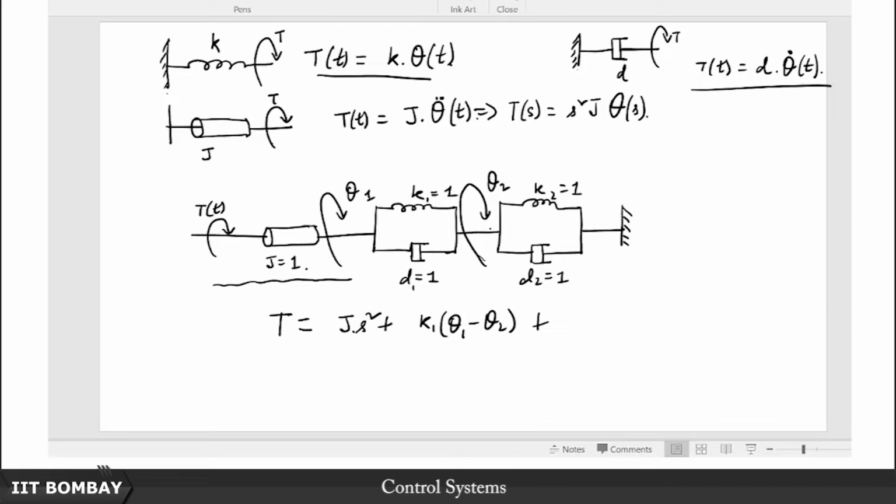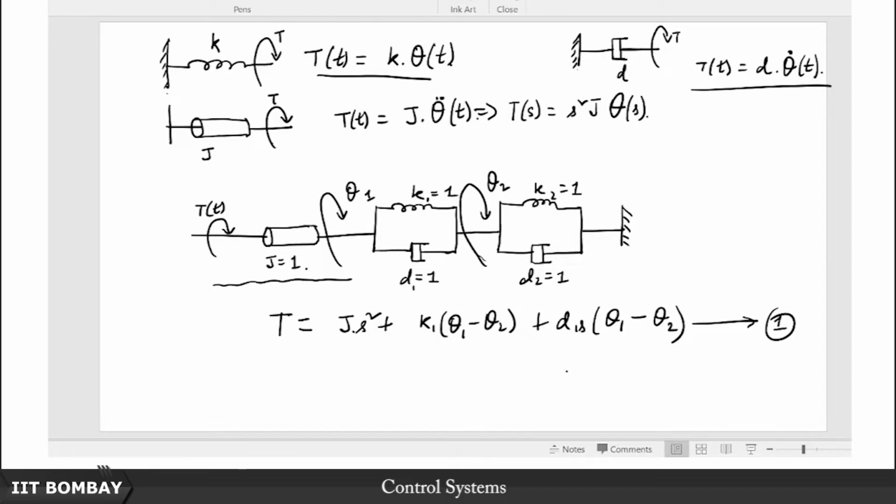Theta 1 dot minus theta 2 dot, is it not? Let me use the Laplace domain equations itself. So there is no dot here, we are replacing the dots with s. Again I am dropping the s in the argument of theta for brevity. So this is my equation number 1, but that is not enough.